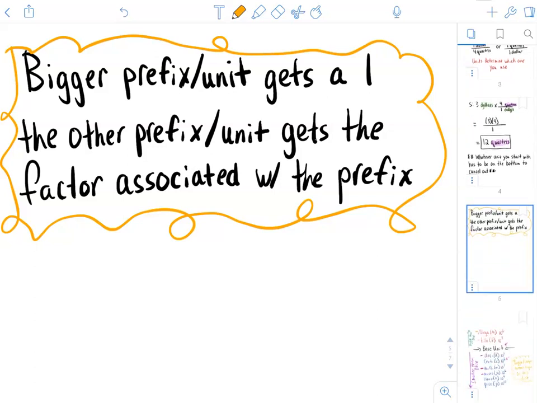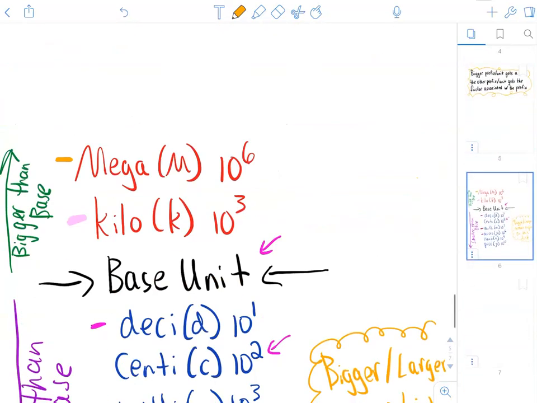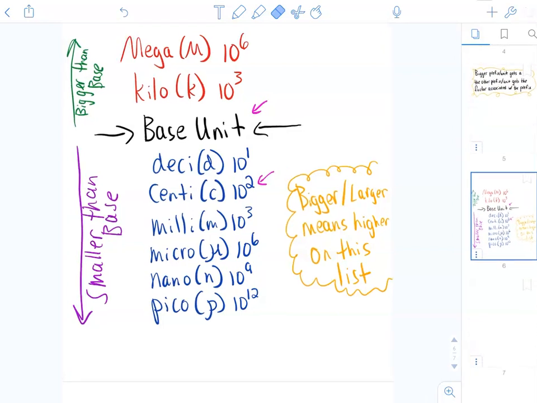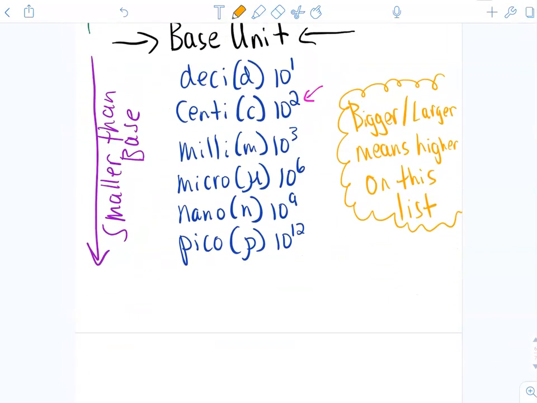That way you can go and refer to it, because this chart is going to be your best friend whenever you are doing your conversions. Okay, so let's go through and figure out some conversion factors. So let's say we had blank kilogram, and your base unit could be anything, equals blank gram.